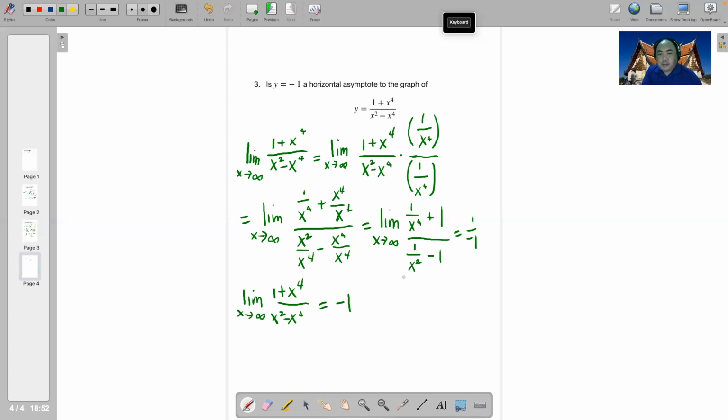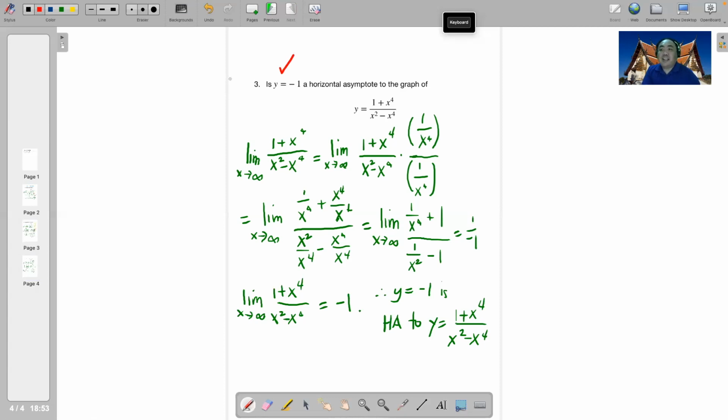So what can we conclude? Therefore, y equals negative 1 is a horizontal asymptote to y equals 1 plus x to the fourth all over x squared minus x to the fourth. So yes, this is a horizontal asymptote.